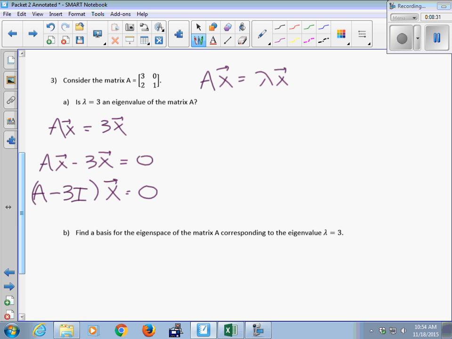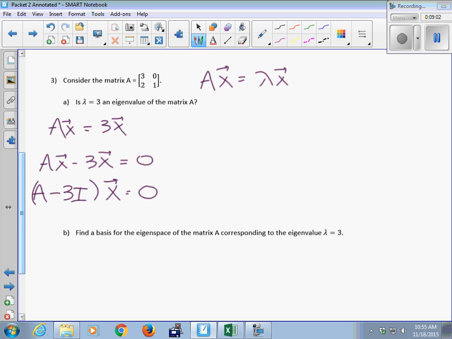Why do I have to put an I there? Yes, right. A minus 3 isn't defined. A is a 2 by 2 matrix. You can't subtract a scalar from a 2 by 2 matrix. So this has to be another 2 by 2 matrix. Thank you, Lynn. Okay. So now I just have to calculate A minus 3I.